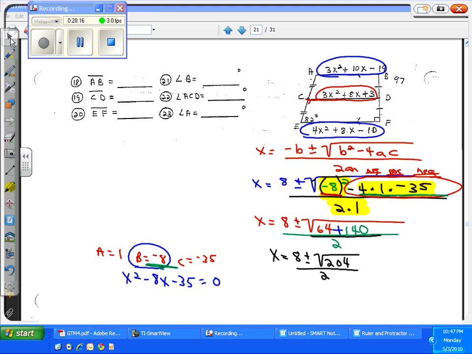The square root of 204 we will break down according to the rules on page 15 and 16 and also on page 248 in the Algebra 1 text. So 2 goes into that, 102. 2 goes into that, 51. 3 goes into that, 17.